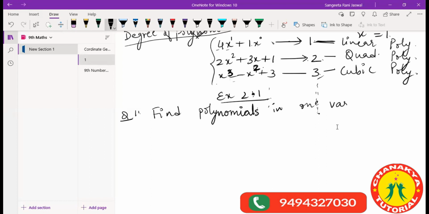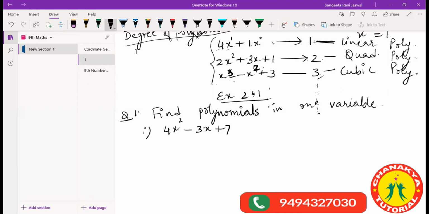Let's do this. The first one is 4x squared minus 3x plus 7. So is this a polynomial equation in one variable? Yes, ma'am. What about others? Others also please answer.